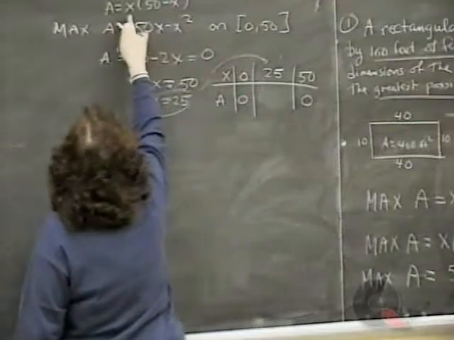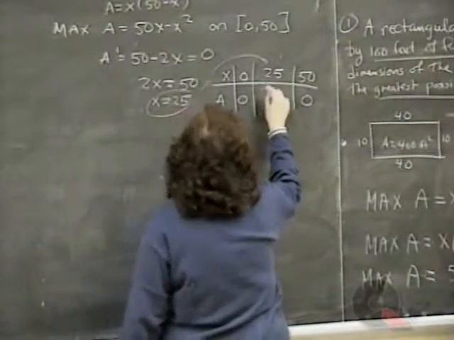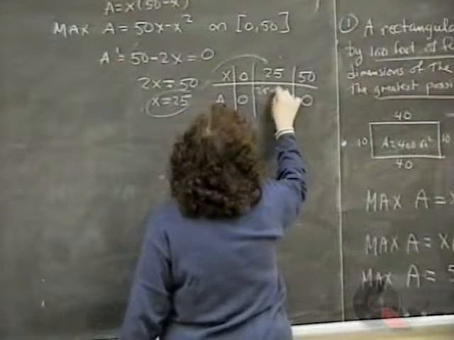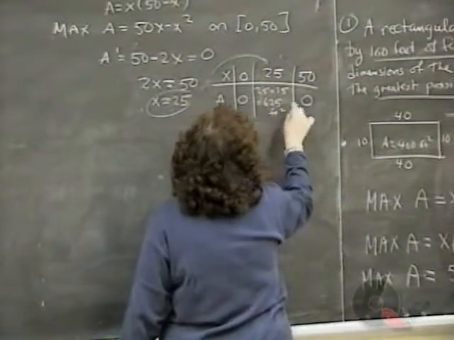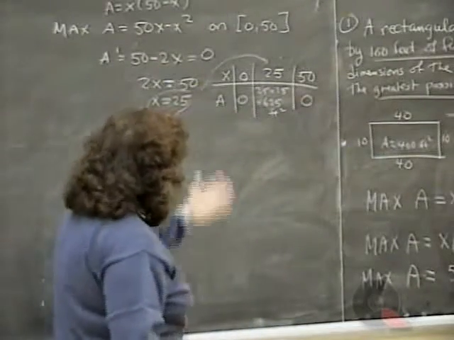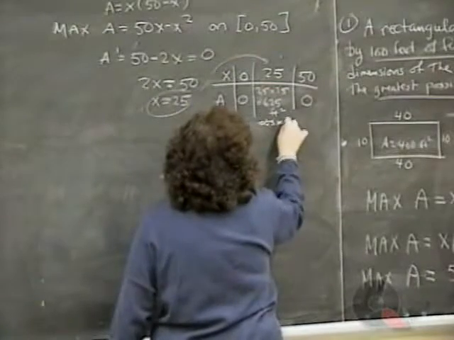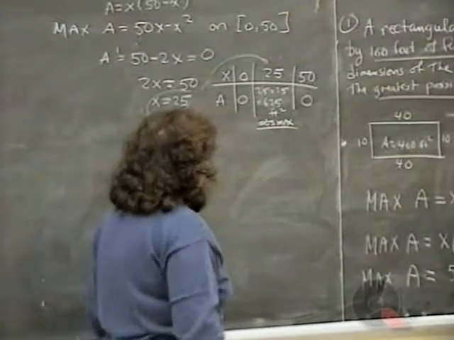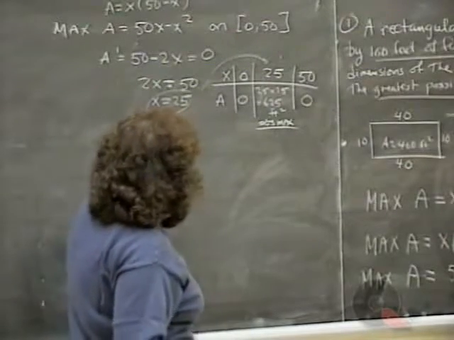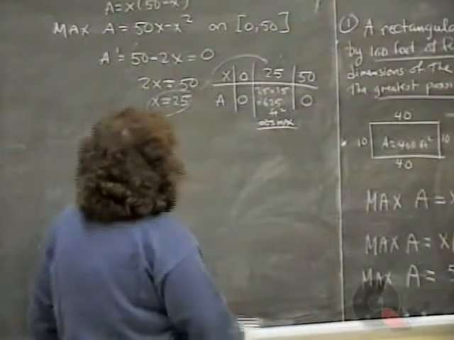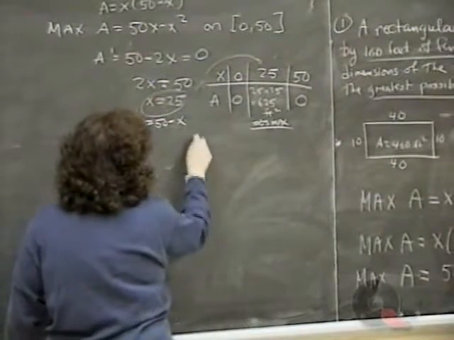If it was 25, it would be 25 times 25, or 625 square feet. And the largest of these values is the absolute maximum. And of course, the absolute maximum value for the area, the greatest possible area, is 625 square feet when x is 25. And when x is 25, since y was 50 minus x, y is 25.